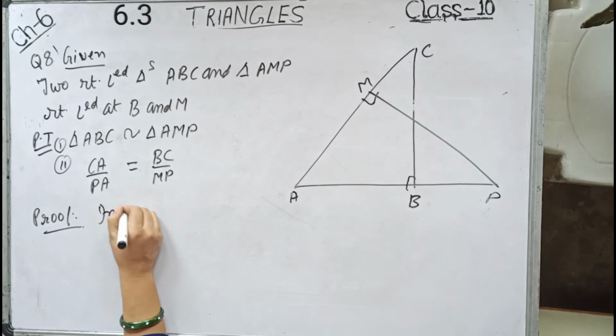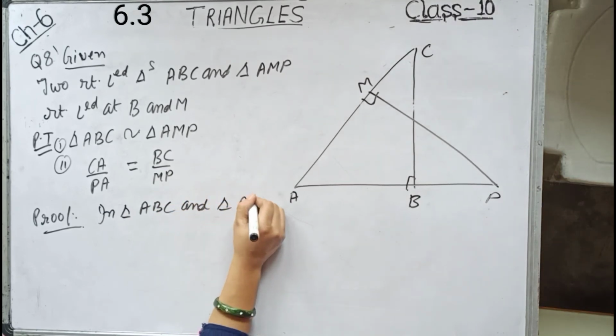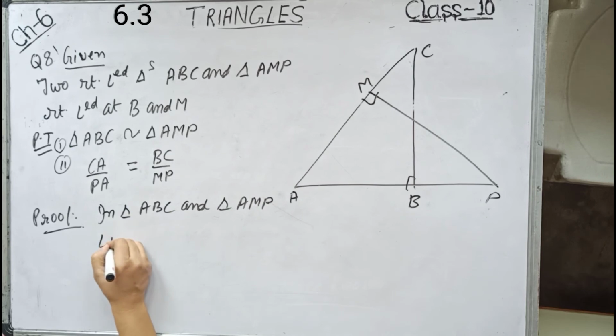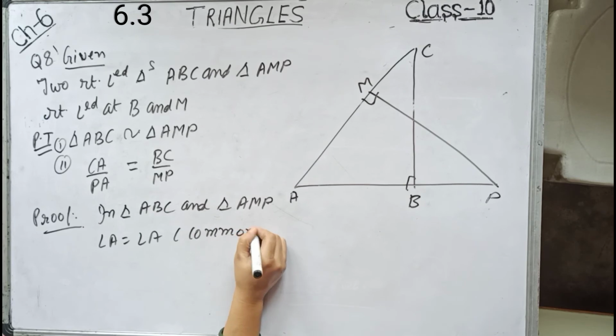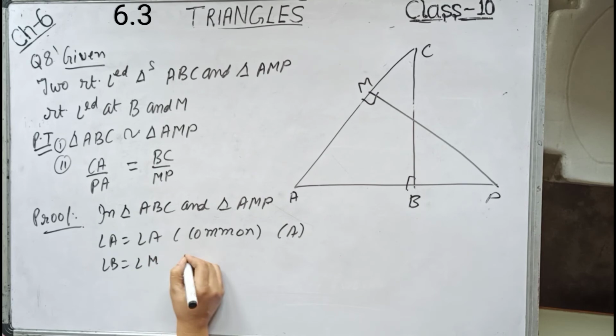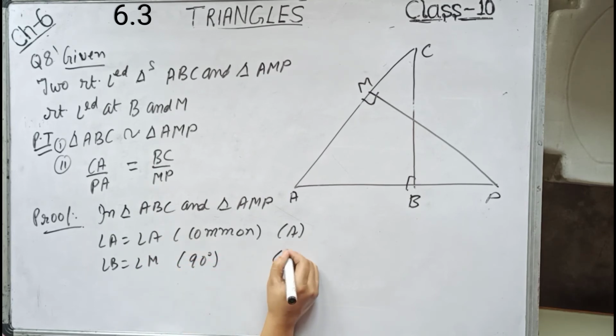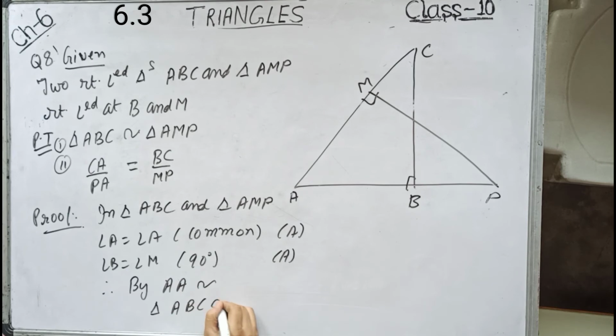So proof: in triangle ABC and triangle AMP, angle A equals angle A, common, angle B equals angle M, 90 degrees. Therefore by double A similarity, triangle ABC is similar to triangle AMP. This is the first part, and we will write proved.